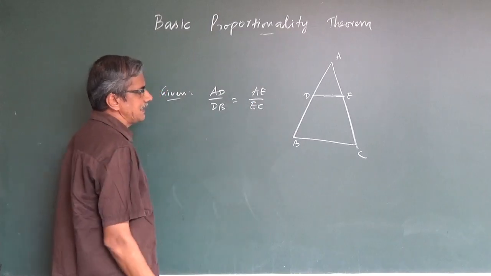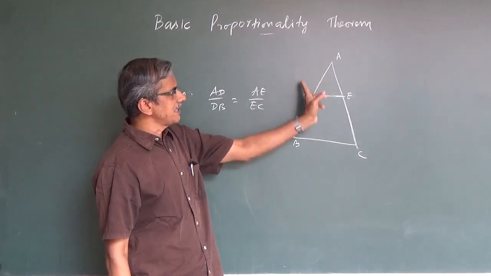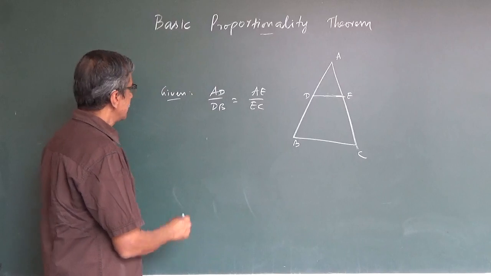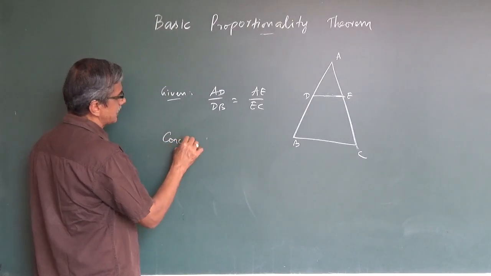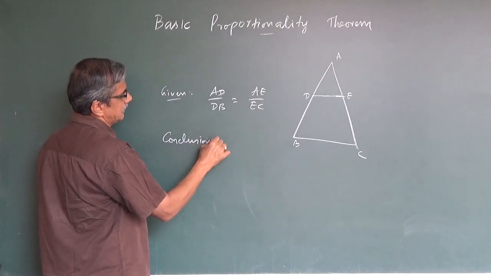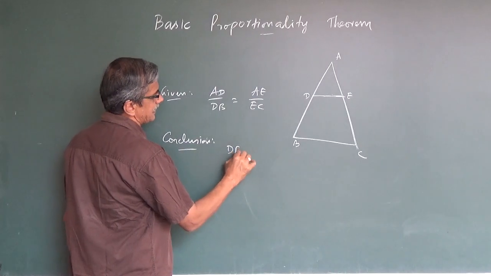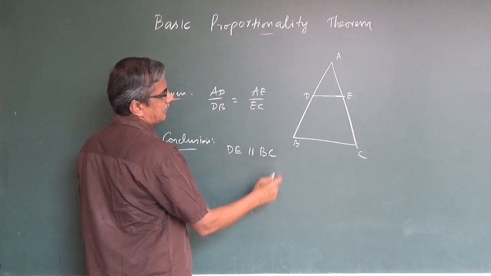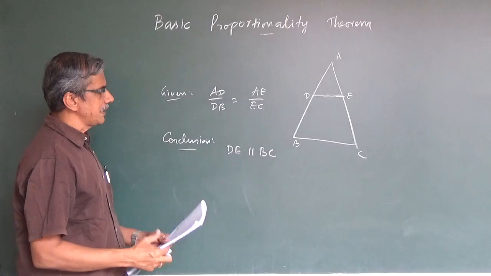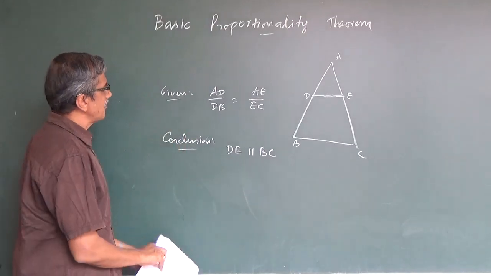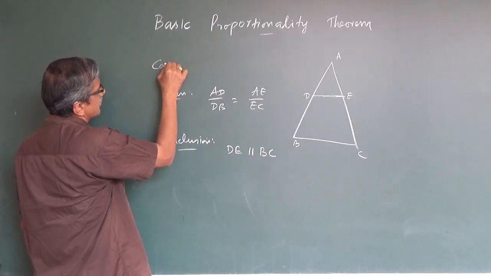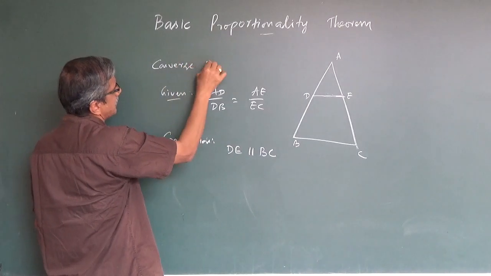This is given. That is, DE is dividing both the sides proportionally. The conclusion is DE is parallel to BC. This is the converse of the basic proportionality theorem.